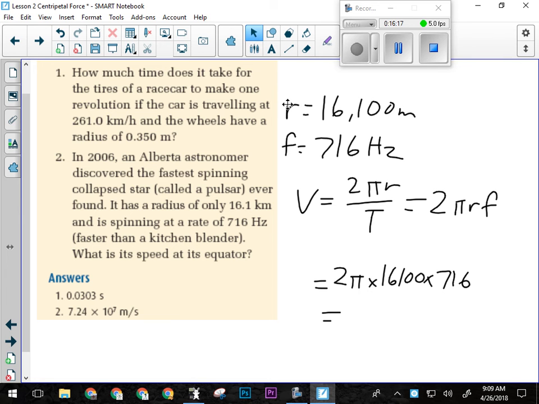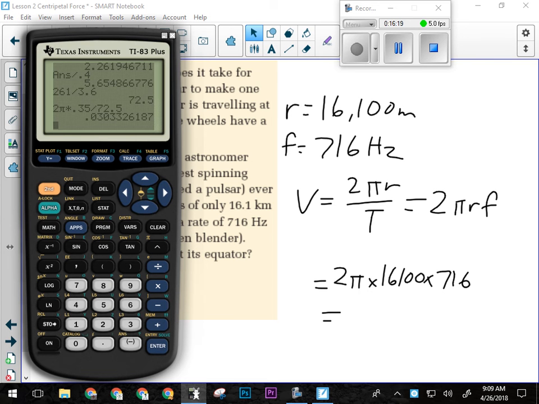Obviously, this is going to be a pretty big number. All right, so it's traveling at 7.24 times 10 to the 7.